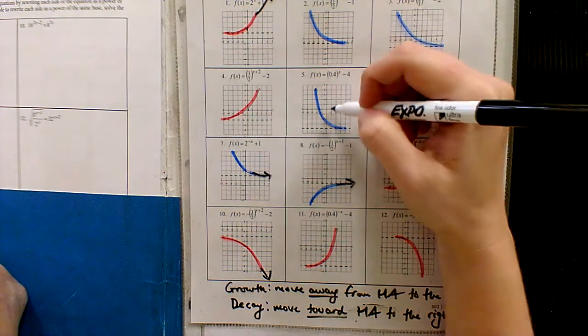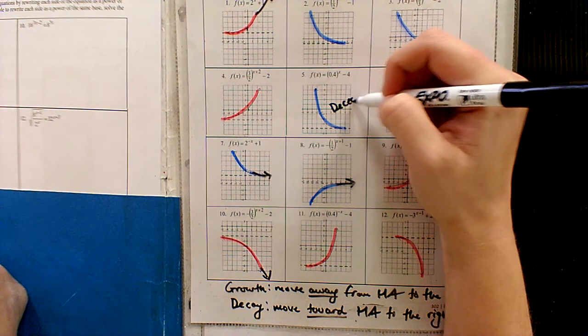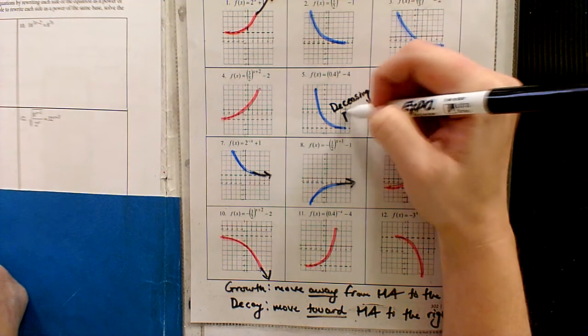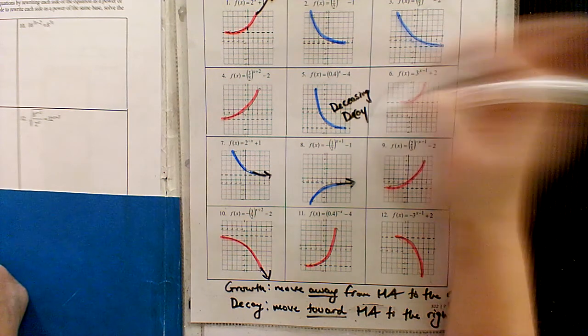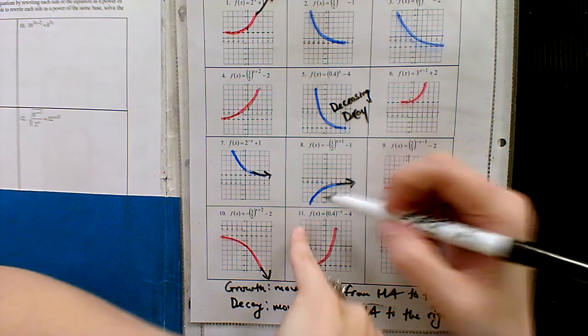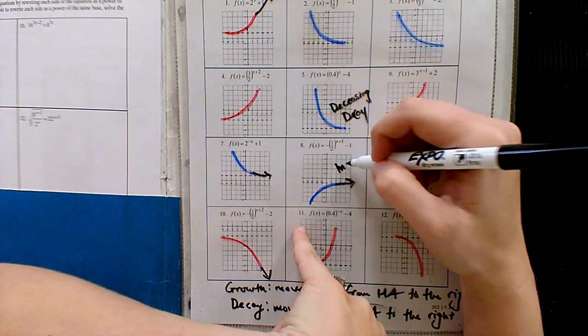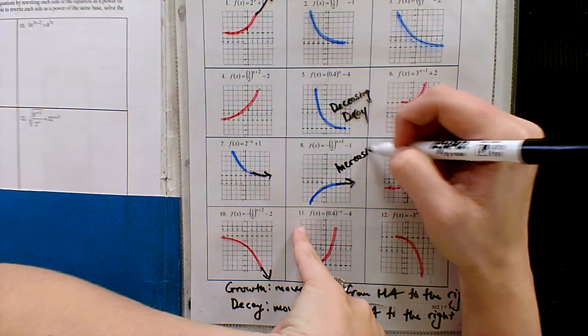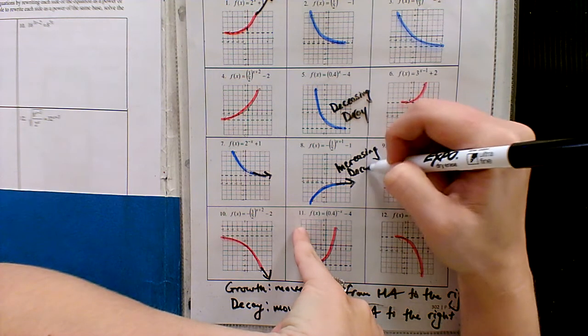So 5 is an example of decreasing decay. Our pencil is going down, but as we go down to the right, we're approaching an asymptote. We're being very specific on the shape of the graph. For 8, since our pencil is going up, we would classify this as increasing decay.